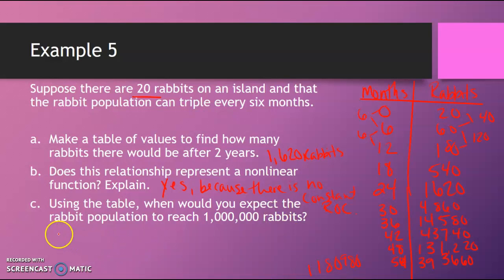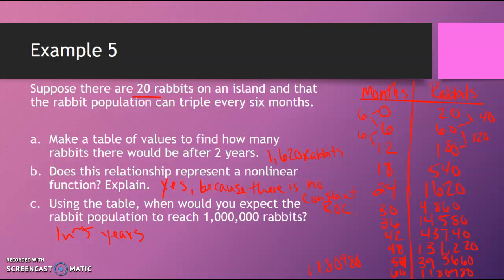And so in 5 years, because 60 months equals 5 years, that's when we get over 1,000,000 rabbits. So in 5 years. And I guess it'd be about 5 years, because we go over the 1,000,000.